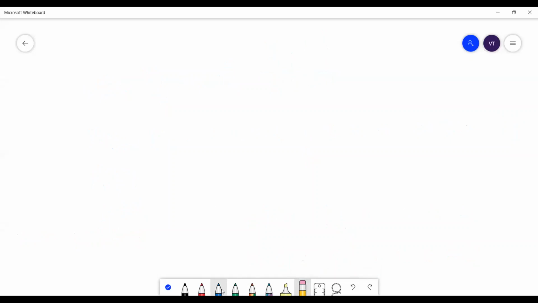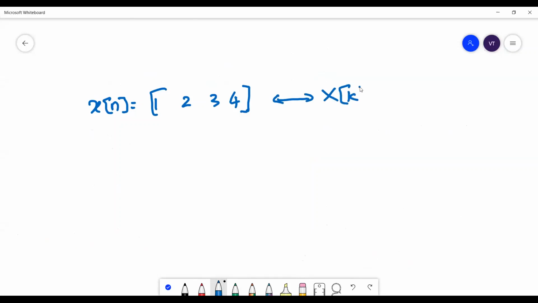So therefore, now you had this sequence x of n equal to 1, 2, 3, 4. You had an x of k here. How many samples will be there in x of k? 4 samples: x of 0, x of 1, x of 2, x of 3.